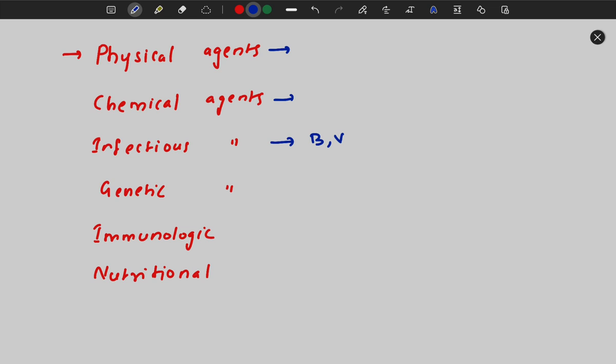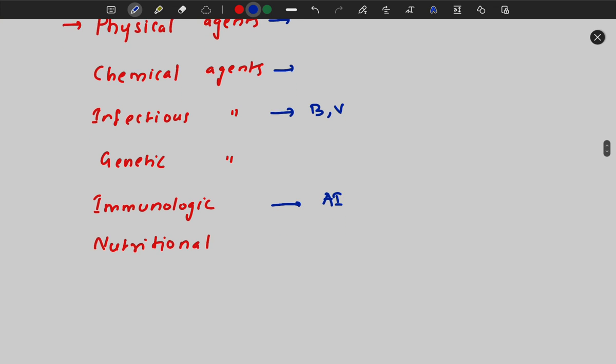Then there are nutritional problems, either deficiency or excess. For deficiency, for example, protein energy malnutrition, kwashiorkor, and for excess, for example, obesity.